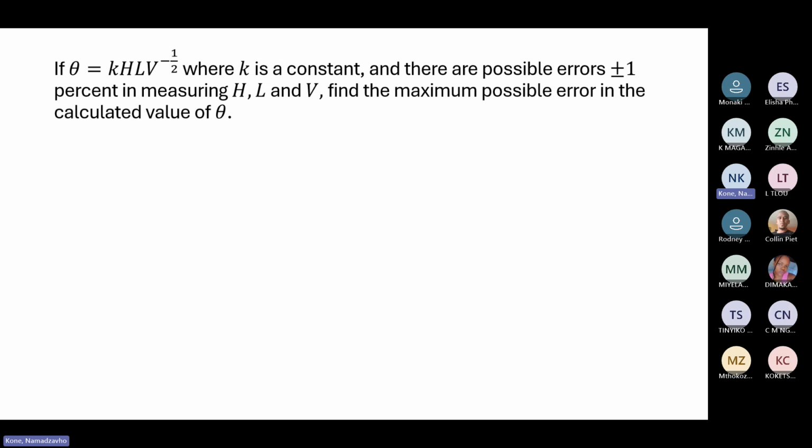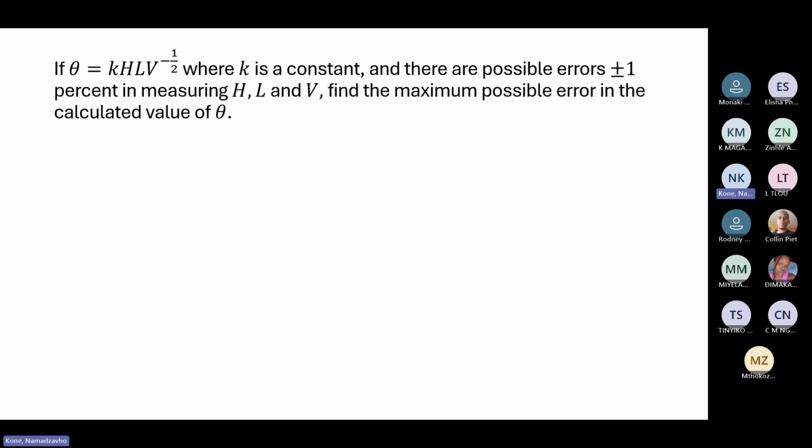So there won't be any derivatives that involve the value k. k will just appear there as a constant. Because now it means h, l, and v are variables, we may want to listen to this question going forward. It says there are possible errors of plus or minus 1% in measuring h, l, and v.